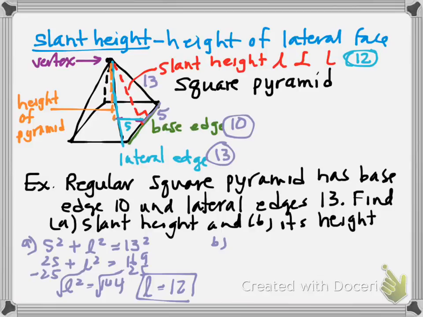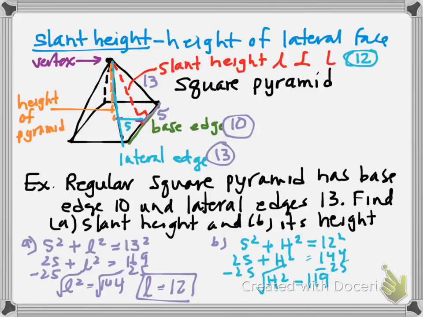So now what I have is a new triangle where I've got 5 squared plus the height of the pyramid squared is equal to the slant height squared. So I get 25 plus the height squared equals 144. I subtract 25 from both sides, and I get height squared equals 119. I take the square root of both sides, and I get the height is the square root of 119. Okay?